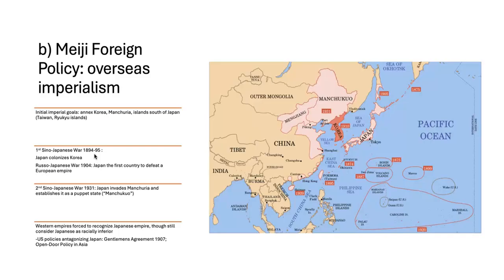Now, Korea, as I alluded to earlier, is considered a crucial buffer zone between Japan and China and Russia. Hence, occupation was deemed to be crucial for Japanese imperialists. And with the First Sino-Japanese War in 1894, it turned out to be a decisive victory for Japan.